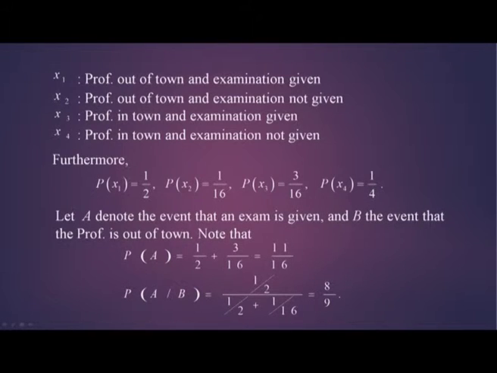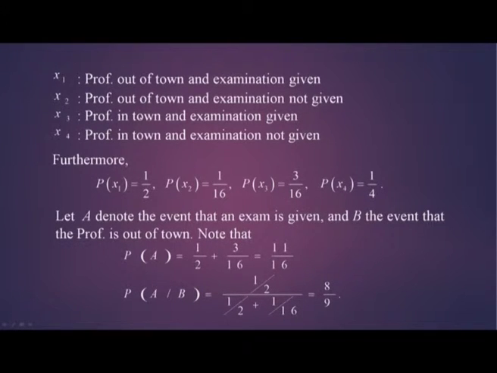Now, this can occur in 4 possibilities only. Professor is out of town and examination is given, so that is considered as event x1. Professor is out of town and examination not given, so that is considered as x2.